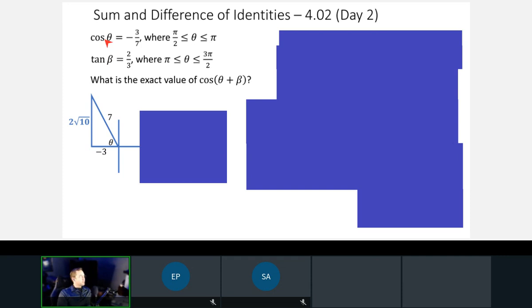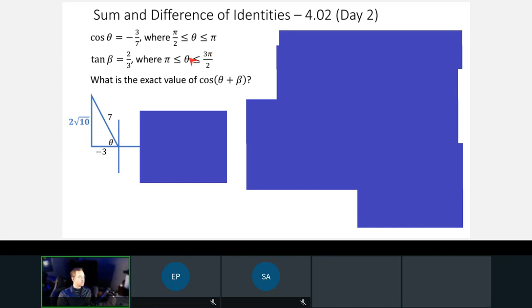All right, next one says the tangent of beta is 2/3. Ooh, I have a typo. This should be beta, because obviously we're talking about this angle, and nobody caught it in the morning session. I just caught it now. So it should say beta is greater than or equal to pi and less than or equal to 3 pi/2.